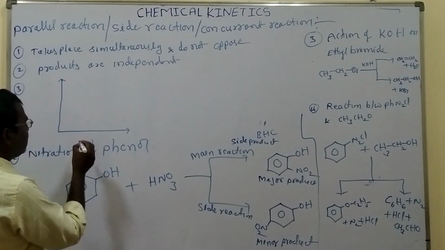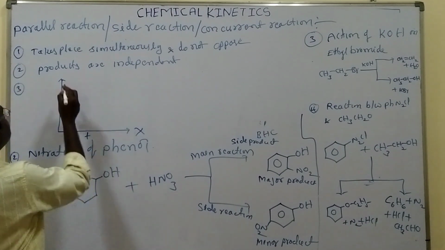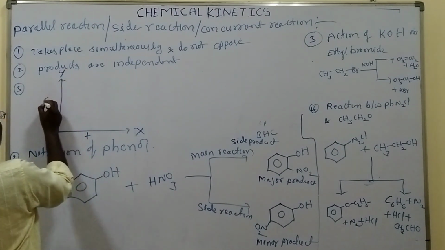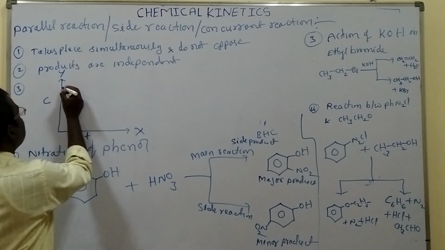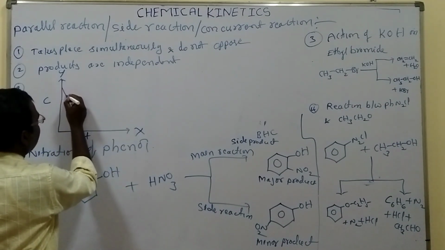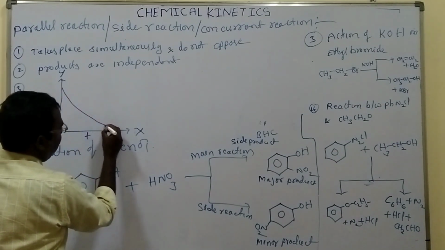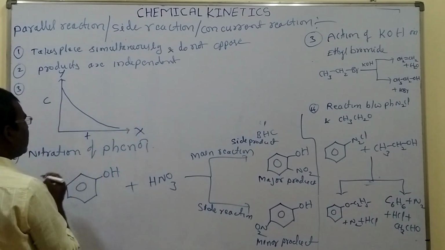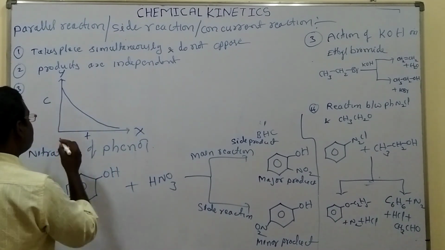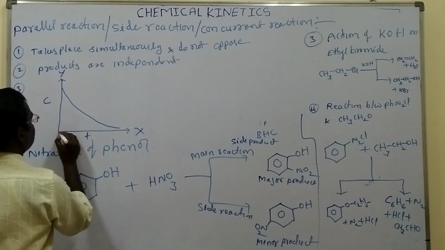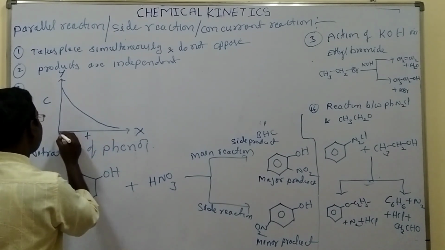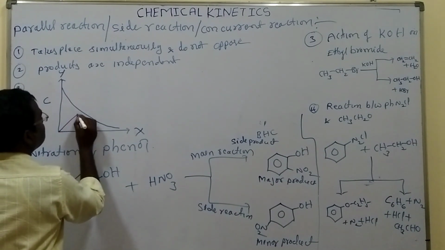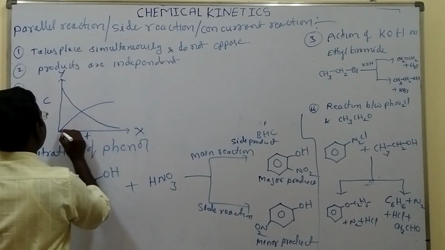Take time on the x-axis and concentration on the y-axis. C means concentration, T means time. The concentration of the reactants decreases gradually, whereas the product concentration increases. Here we have two products, one major and another minor. In both cases it increases.